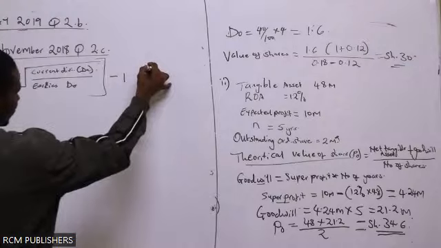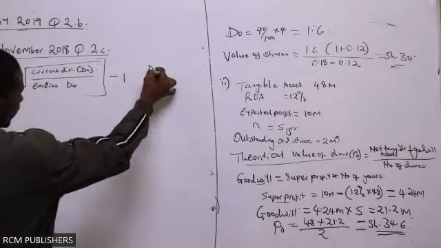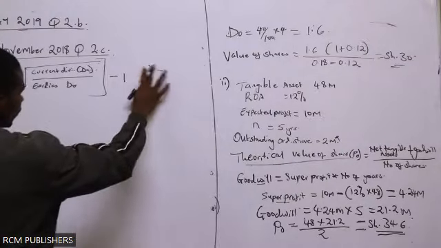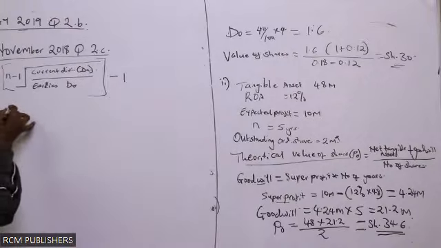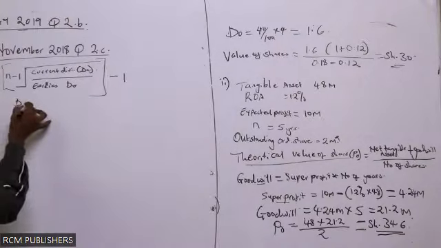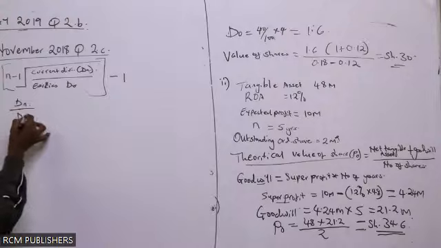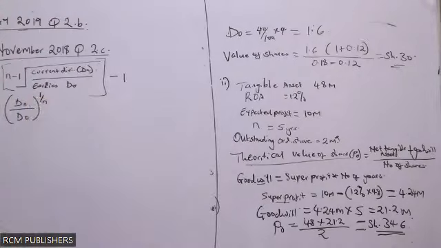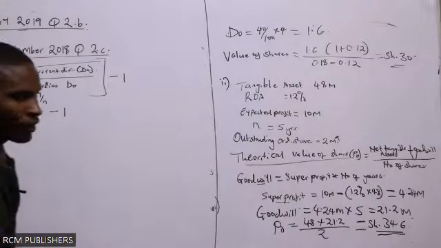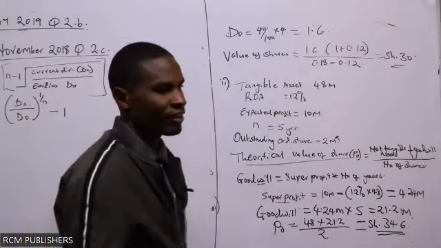Let's check whether we get the same thing. G is equal to Dn over D0, raised to 1 over n, then minus 1. Try the two and tell me whether they give the same result.